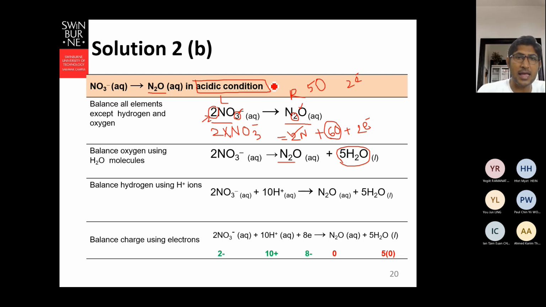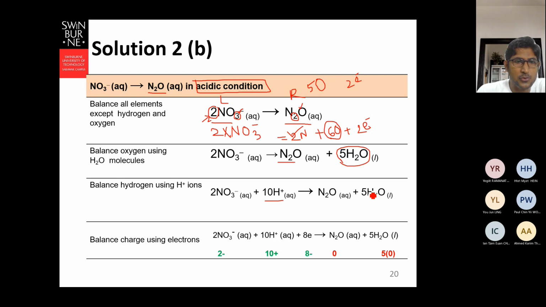So this hydrogen ion is coming from that acid. I have plenty of hydrogen ions in there, so I can just take them as I need. So I took 10 hydrogen ions, that is protons. So now the hydrogen is balanced.